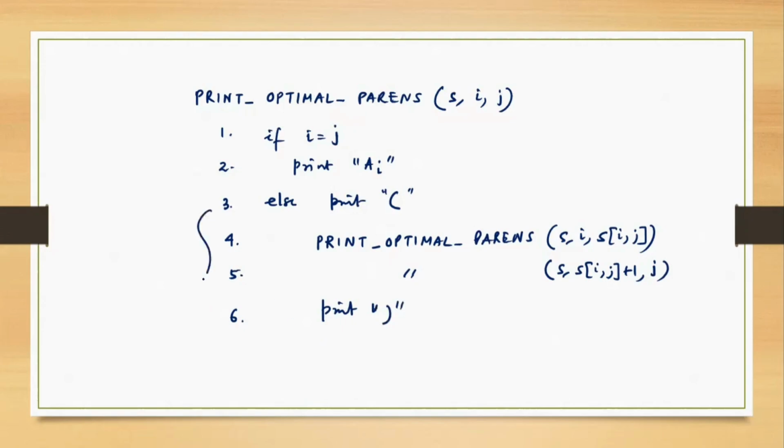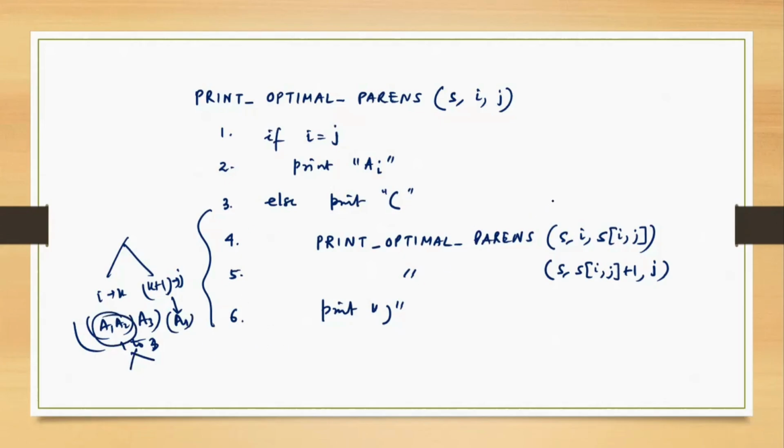So this part will help you to divide it, i to k, then k plus 1 to j. That is A1, A2, and then A3, this is 1, 2, 3. Suppose it is 4 to 4, then A4. Then again there will be a split, A1 to A2, as I have shown earlier. In this way, this part is obtained.